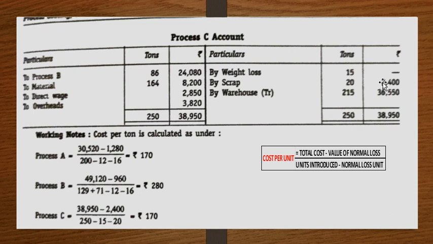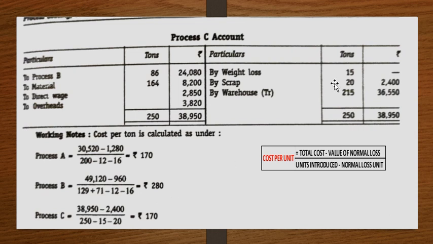For scrap we have 2,400, so we minus 2,400, divided by units introduced. The units introduced are 86 plus 164, which is 250. So 250 minus normal loss units. Your normal loss units are 15 tons as well as 20 tons. So 250 minus 15 minus 20, which gives you rupees 170.